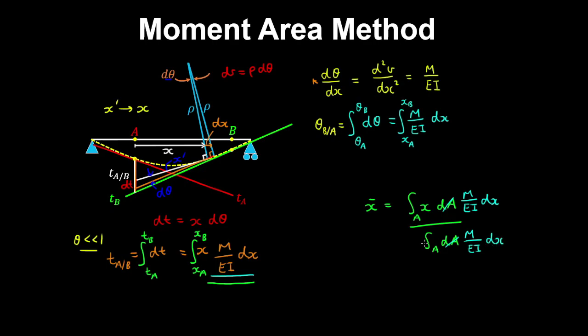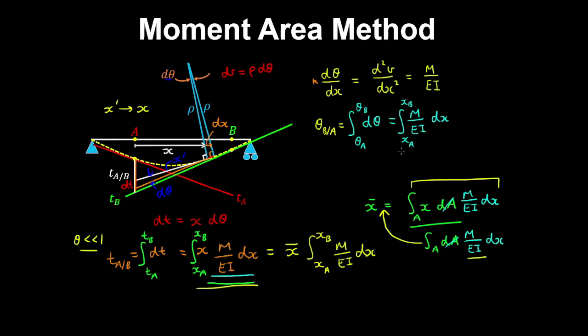And if you multiply through by the expression in the denominator, we can write this expression, which is this one over here, as the centroid of the area of the curvature diagram by the integral from xA to xB, and we're integrating the curvature over x.